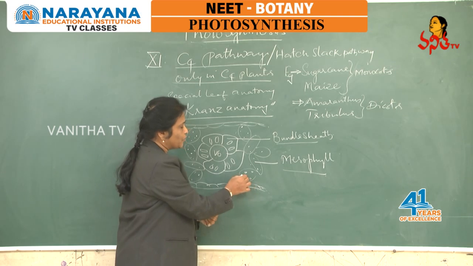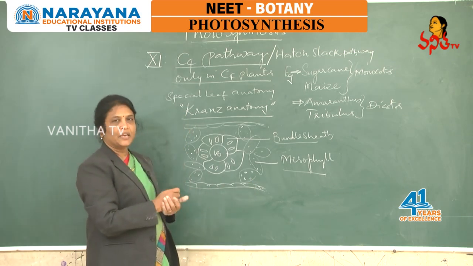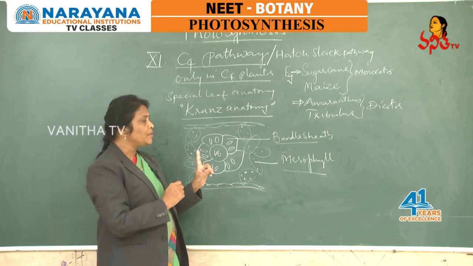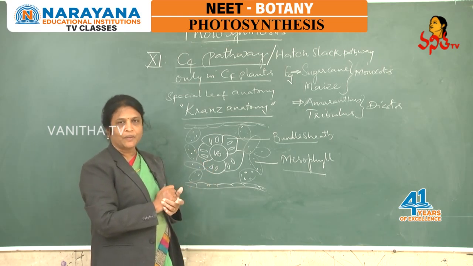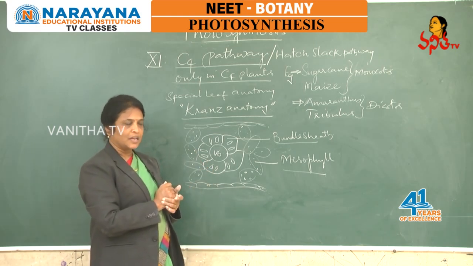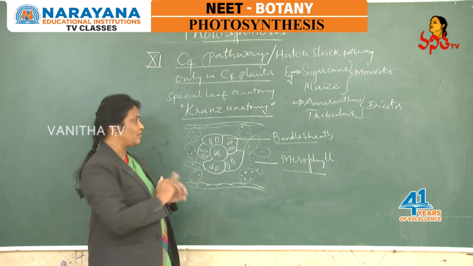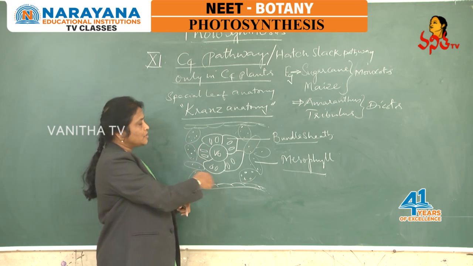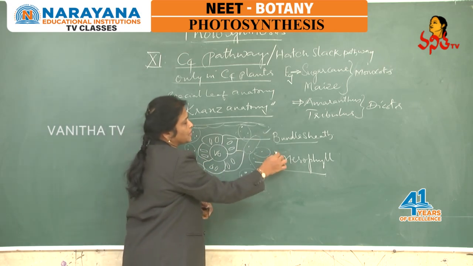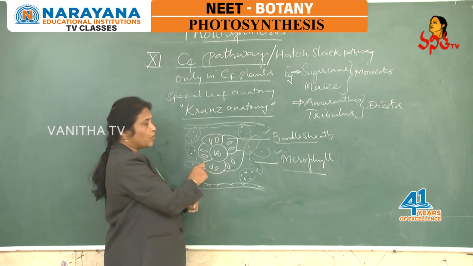Actually, in normal photosynthetic plants, compared with C3 plants, only mesophyll cells bear chloroplasts and perform the photosynthetic mechanism. So, the dark phase occurs only in mesophyll cells in C3 plants, but the dark phase occurs in both mesophyll and bundle sheath cells in C4 plants.